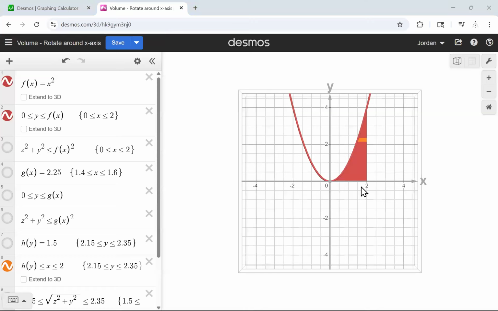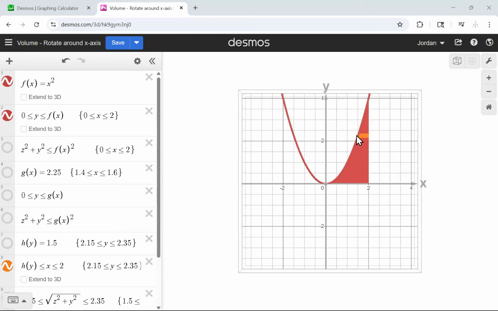Now, just so that I explain what we're talking about when I say radius and height, remember, let's again visualize this situation. My rectangle is right here in orange, but it's this little section there. As I rotate that around, the radius of my shell is going to be from the rectangle down to the line I'm rotating.